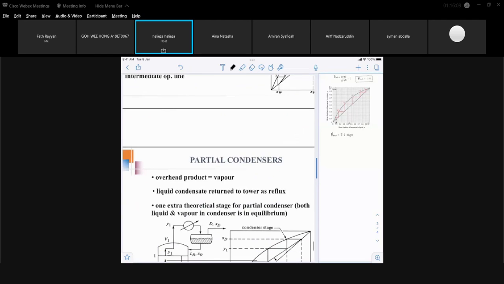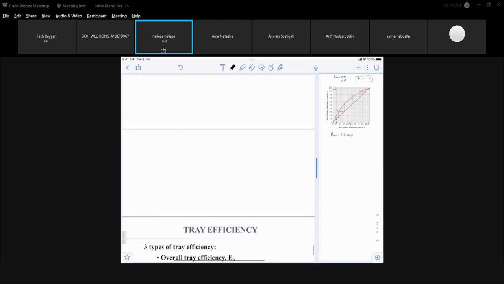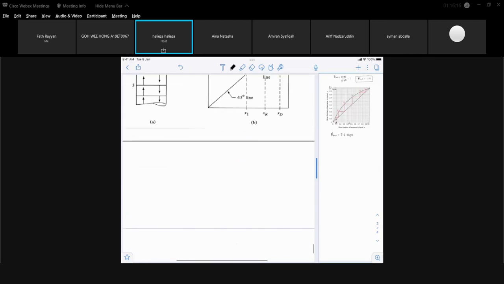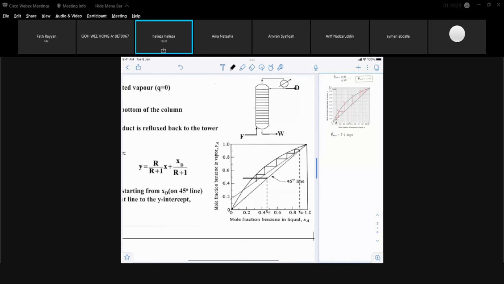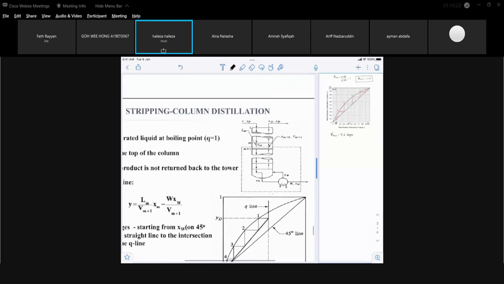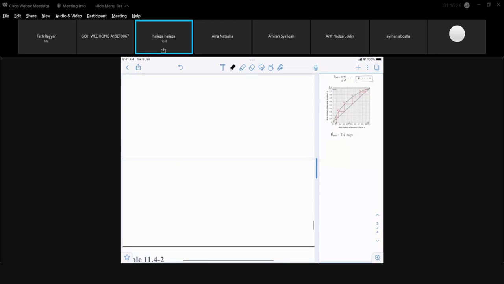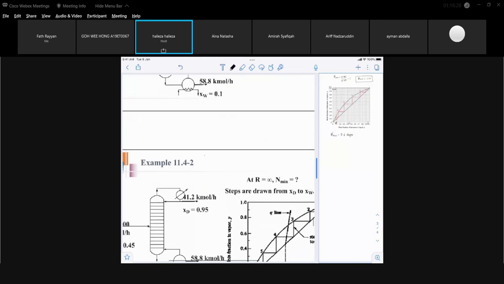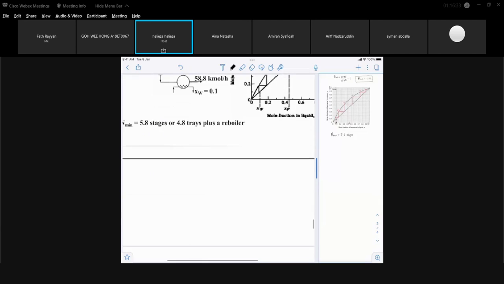Another special case is partial condenser. That will be just looking at tray efficiency. Depending on the tray efficiency, you can get the actual number of stages. So if there's no questions, we will stop here. We will be looking at most cases of McCabe-Thiele during the next 2 hours.